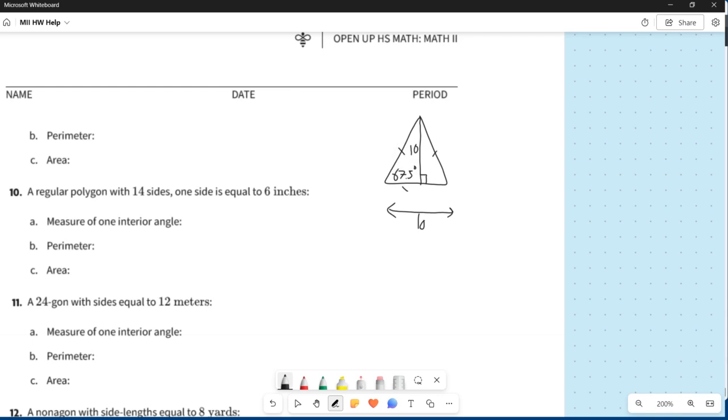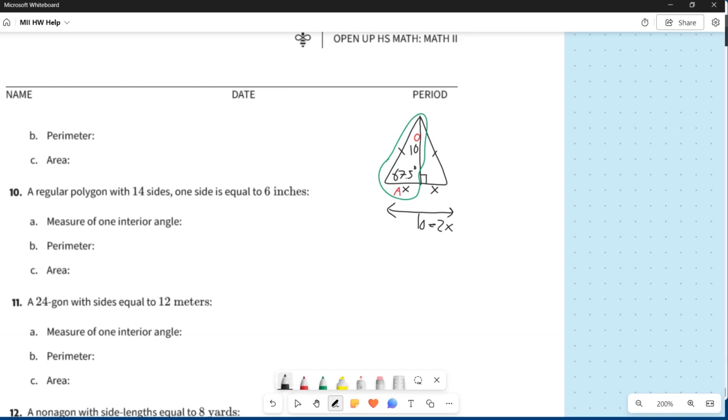And what I'm looking for is this piece right here. Because I know that that is x and that's x, which means this is really 2x. So if I can solve for x in this picture, we're in a pretty good spot. And so we can use right triangle trig. If we're referring to 67.5, then 10 is our opposite, and x is our adjacent.